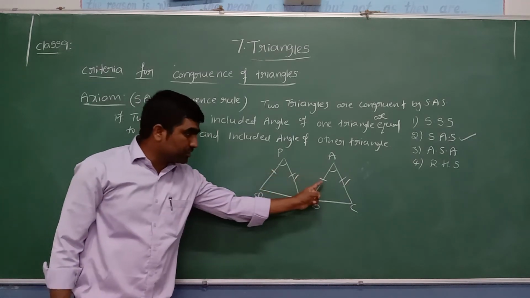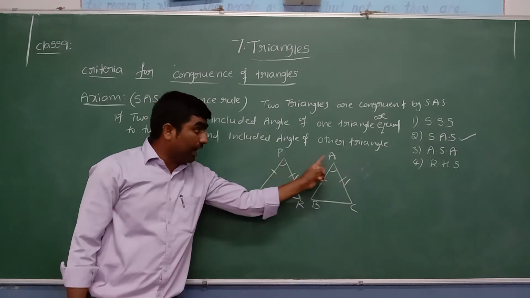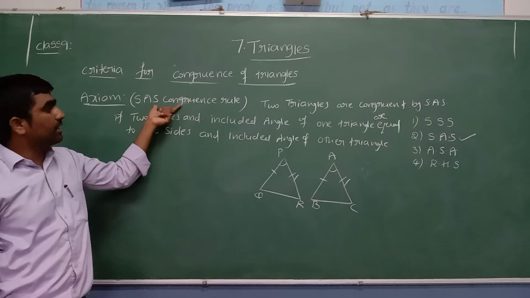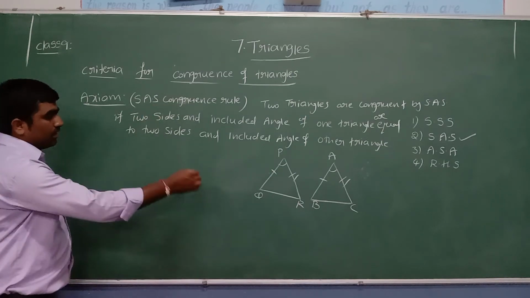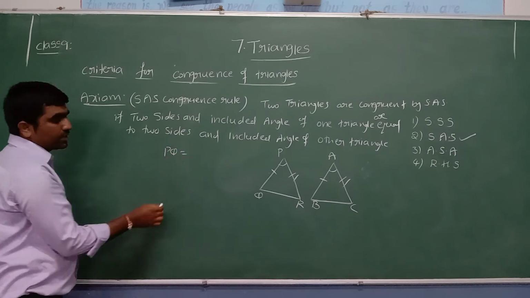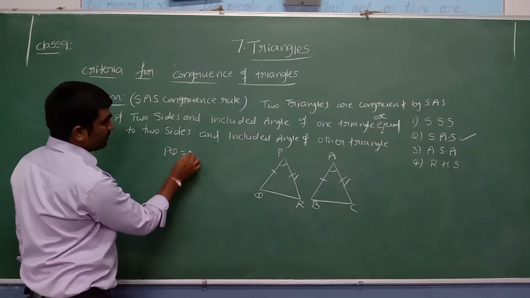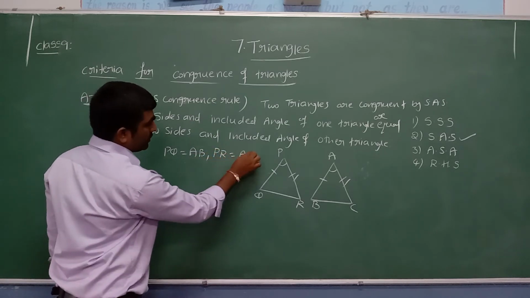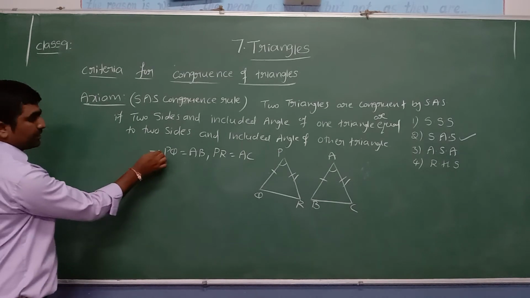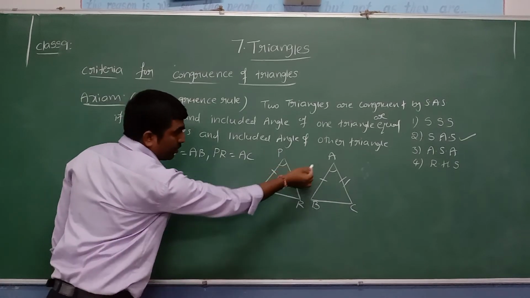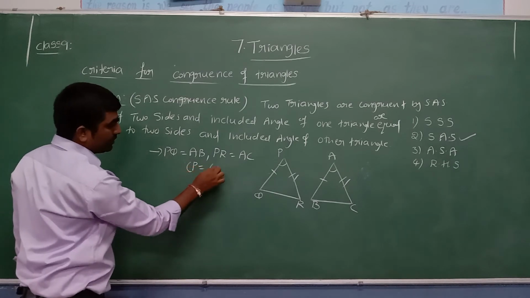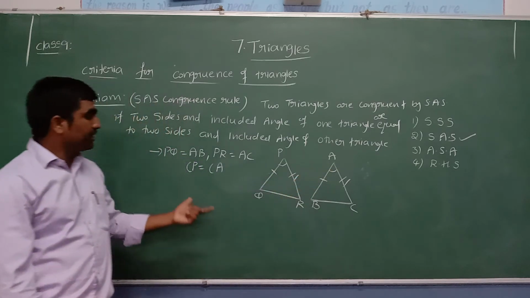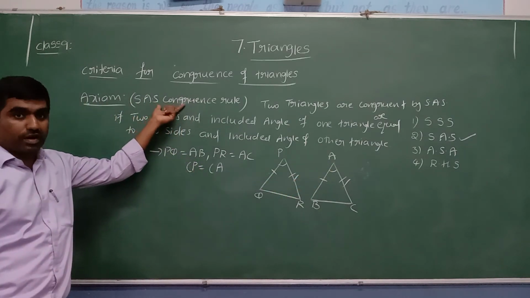So when the corresponding two sides are equal and their included angle is also equal, you can say that these two triangles are congruent by the SAS congruency rule. Here, the length of PQ is equal to AB and the length of PR is equal to AC, and angle P is equal to angle A. They are called congruent by the SAS congruency rule.